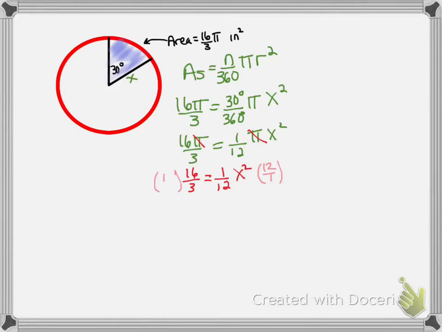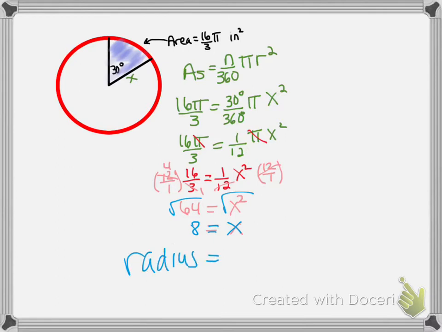You could have just multiplied by 12, but in case there was another number there, you could do that too. So x squared is equal to 64. Taking the square root of both sides, x is equal to 8. So the radius, and don't forget the units, is equal to 8 inches.